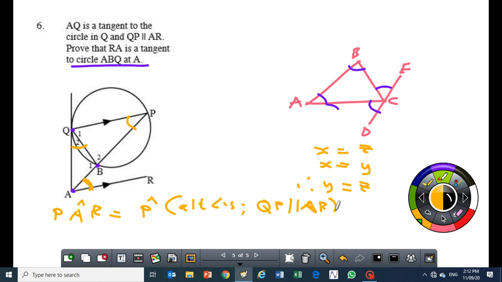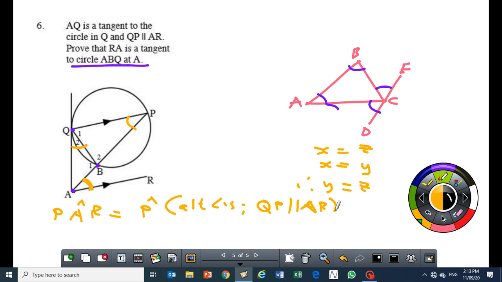So at this stage, we can't say that these two are equal unless we prove that Q2 is equal to P. If we prove that Q2 is equal to P, it means that Q2 is going to be equal to this angle because these two are equal. So PAR is this angle. It's equal to angle P because they are alternate angles. Then we need to prove that Q2 is equal to P.